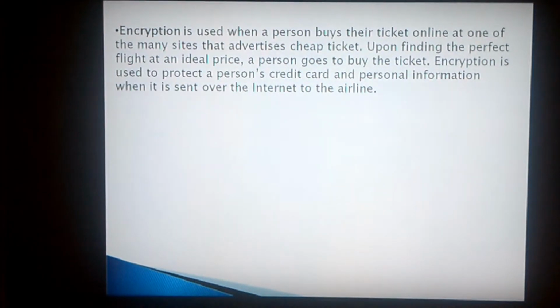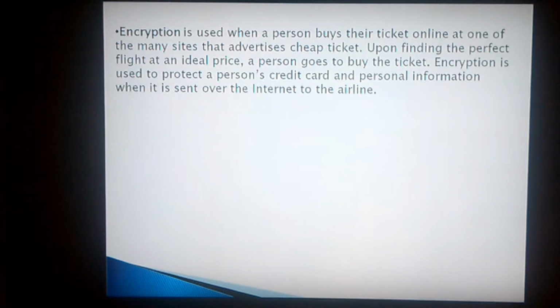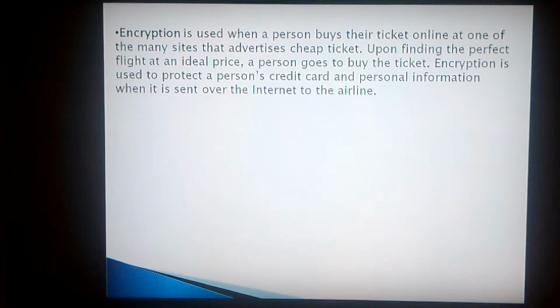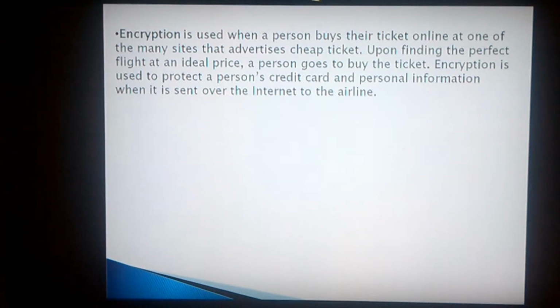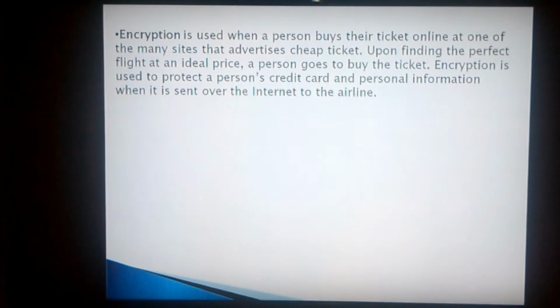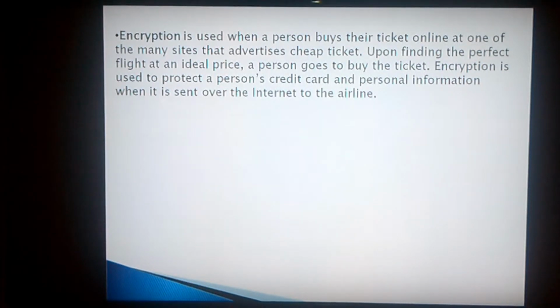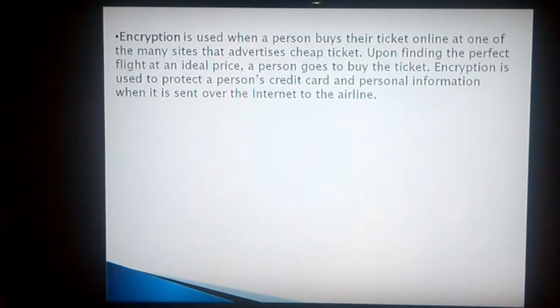Encryption is used when a person buys their ticket online at one of the many sites that advertise cheap tickets. Upon finding the perfect flight at an ideal price, a person goes to buy the ticket. Encryption is used to protect a person's credit card and personal information when it is sent over the internet to the airline.